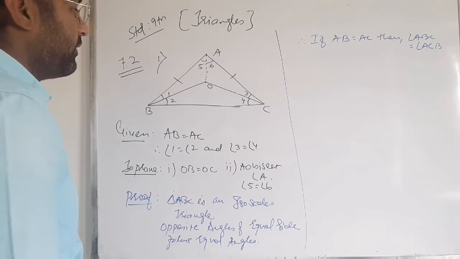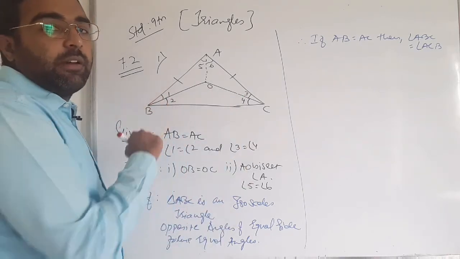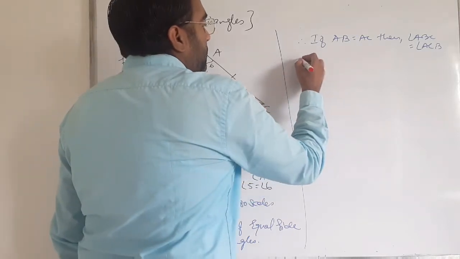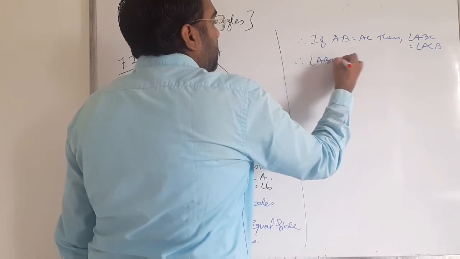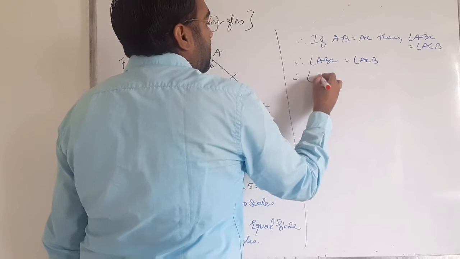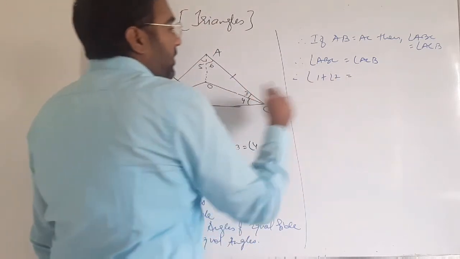Now ABC is divided into two parts, angle 1 and angle 2. Therefore ABC, that means 1 plus 2, and ACB, that is 3 plus 4, are equal.